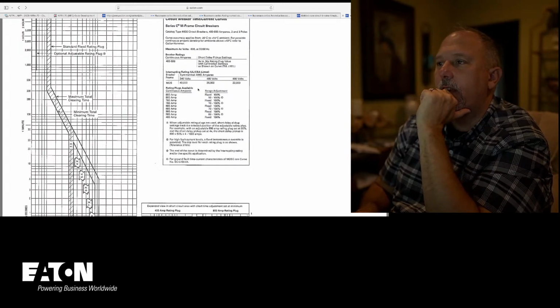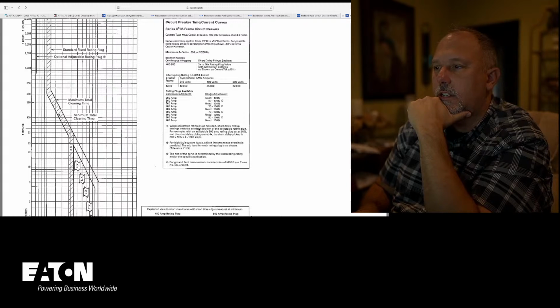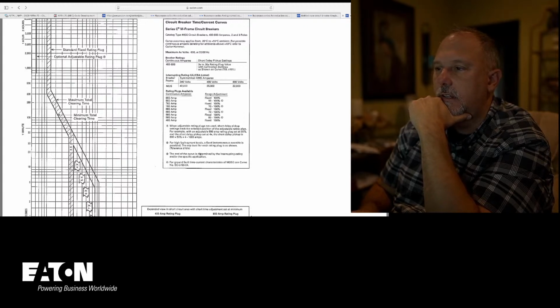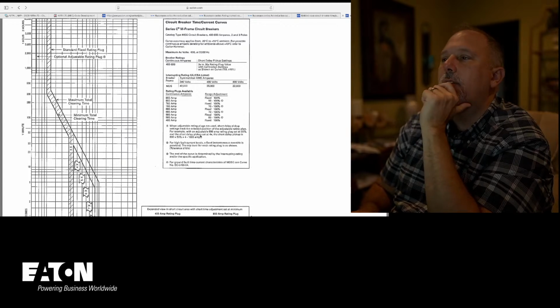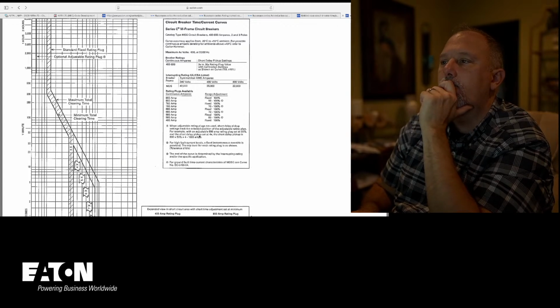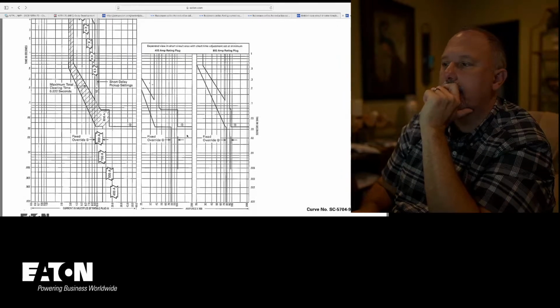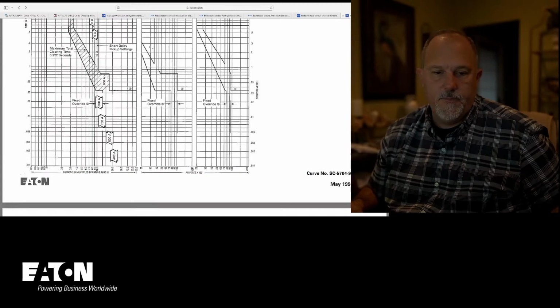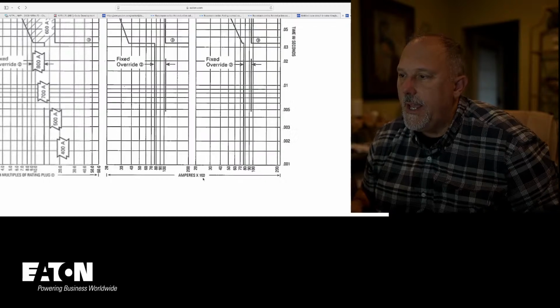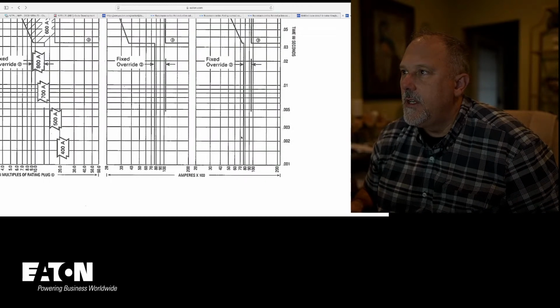Range 50. Where's when adjustable ratings for high fault current levels, fixed instantaneous override. There's my short time pickup. There's my short time delay. So I'm going to go with this guy. My fixed, so this is amperes times 100.